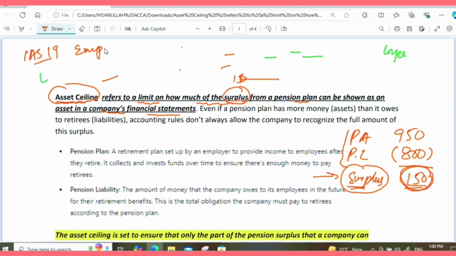IAS 19 Employee Benefits, when there is a benefit plan surplus like this, you have to take the lower of two amounts. Let me write here.